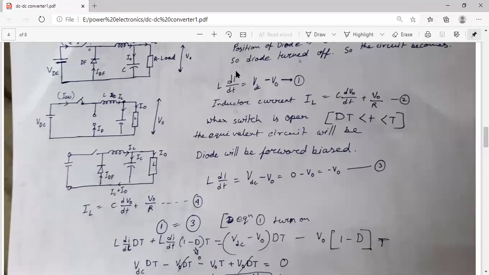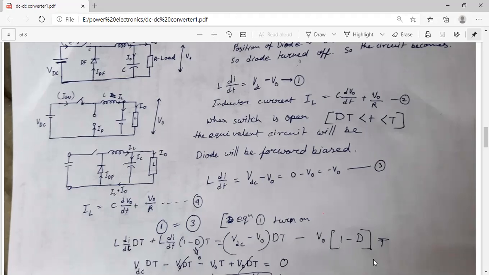L di dt into dt plus L di dt into 1 minus d into t equal to VDC minus V naught into dt, where d is the duty ratio into the total time, minus V naught into 1 minus d into t.